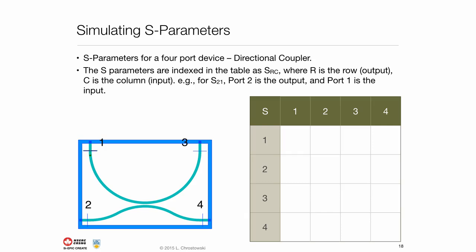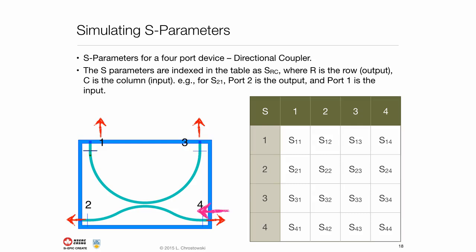The first step is to inject light into port 1 and measure the light being reflected back into port 1, light scattered into port 2, and light transmitted into ports 3 and 4. The data is placed into the first column of the S parameter matrix. This procedure is then repeated for light injected into port 2, then port 3, and finally port 4. And this creates our complete matrix.